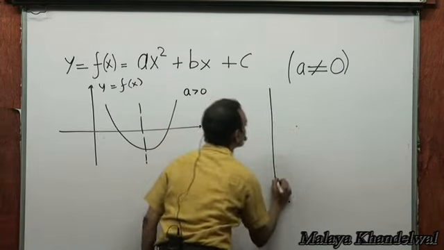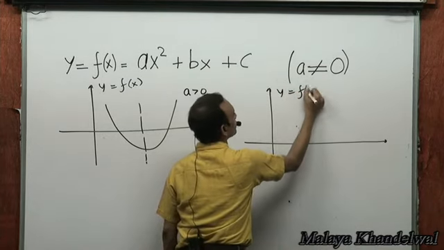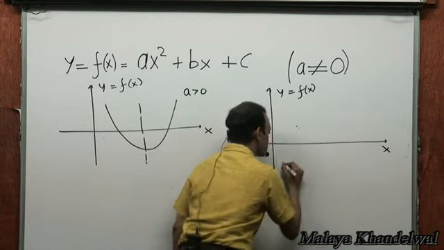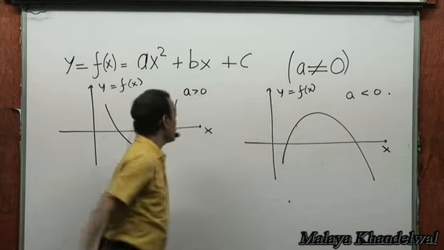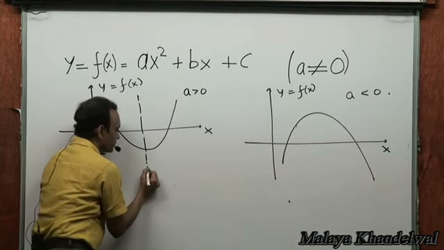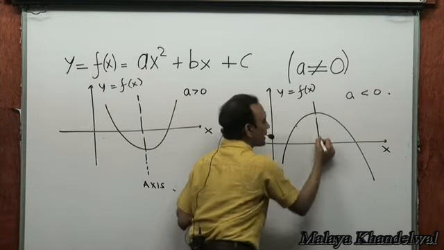And y equal to f(x) versus x, this is going to be a downward opening parabola if a is less than 0. Now this is the axis of symmetry. This is the axis of the parabola in this case, and this is the axis of the parabola in this case.